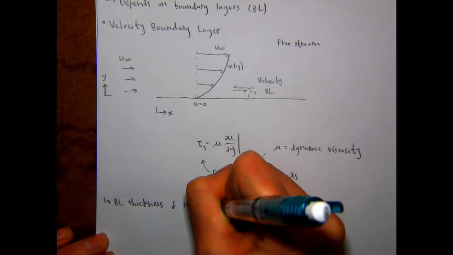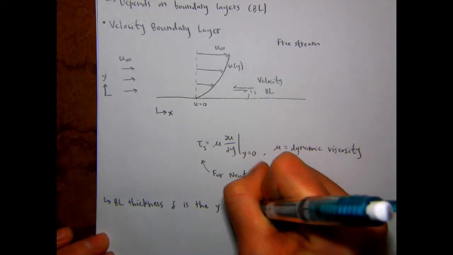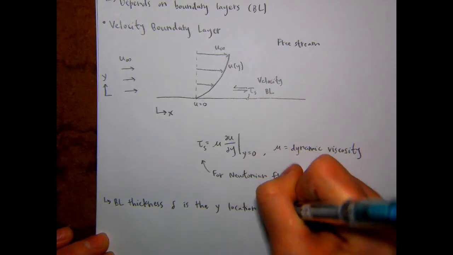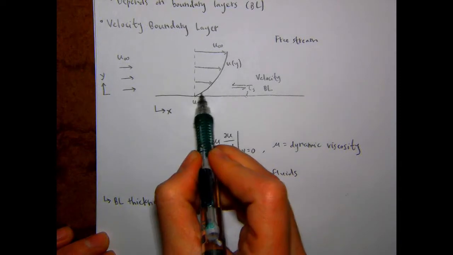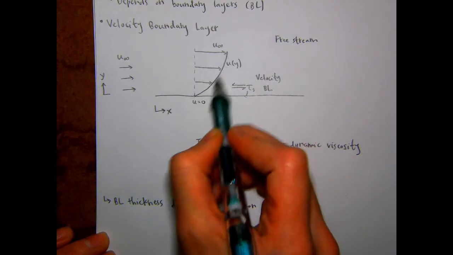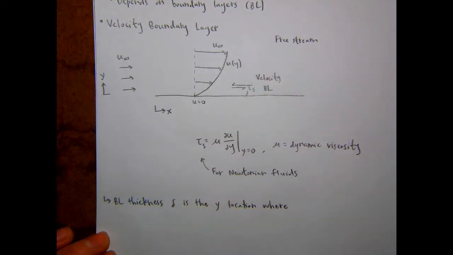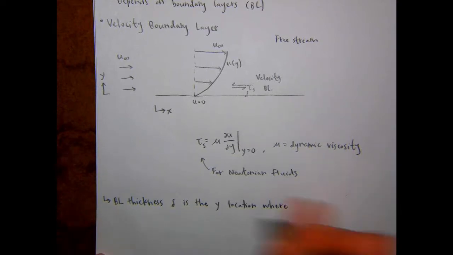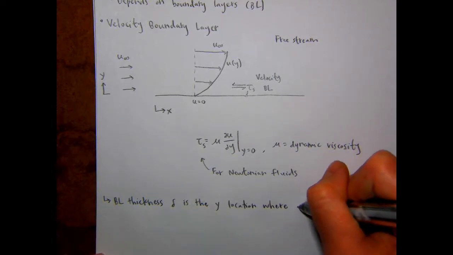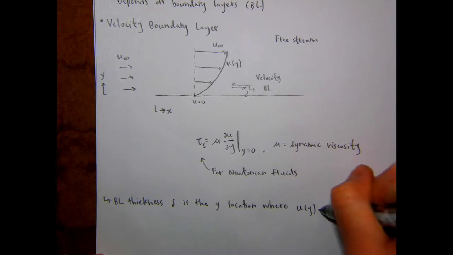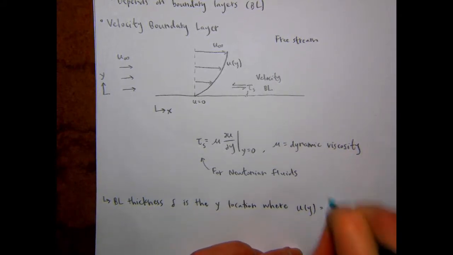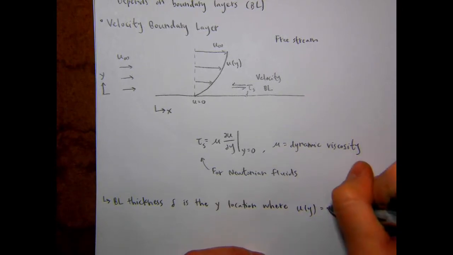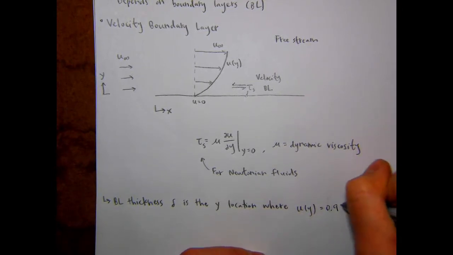So that's the y location where the velocity profile, the velocity in the boundary layer, has recovered to 99% of the free stream. So it's a location where u equals 0.99 u infinity.